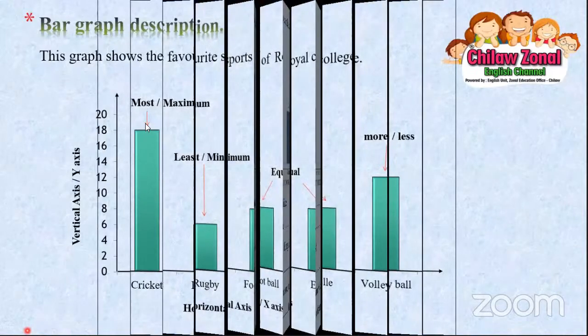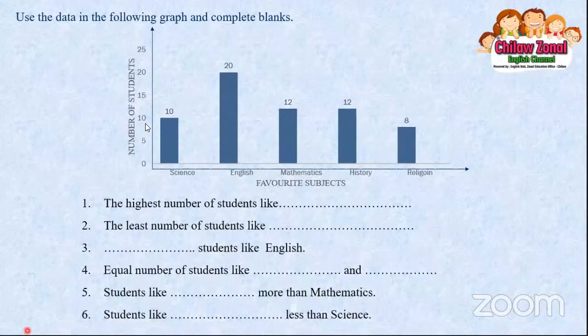Right. Now here, in this question, you can see a graph, and it shows the favorite subjects of the students. And here in this graph, you can see 5 subjects: science, English, mathematics, history, and religion, right?